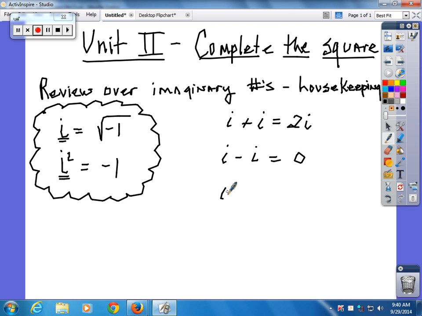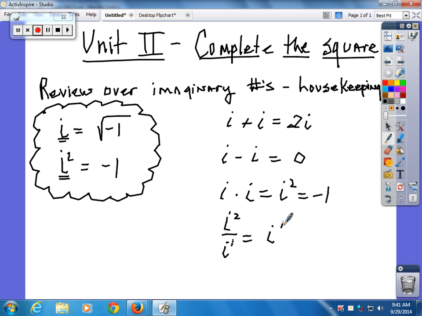You can take i times i and get i squared, which is what? -1. And you can take i divided by i, or i squared divided by i, and get i. Because 2 minus 1 is 1. So the reason you have i is so you can do stuff like that with it.